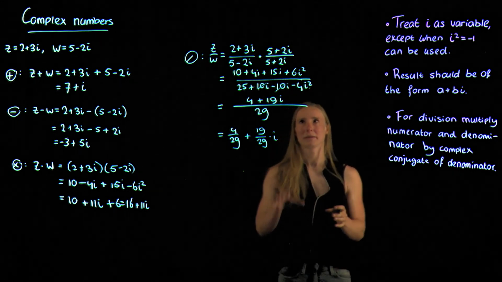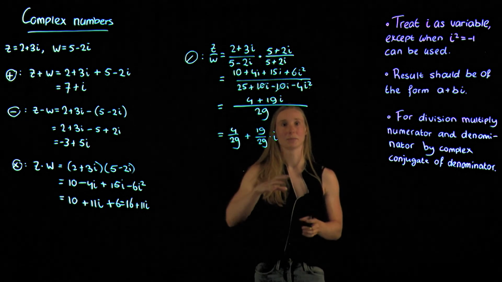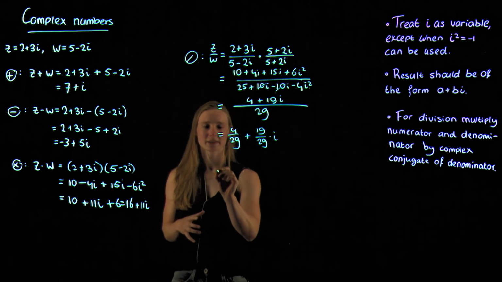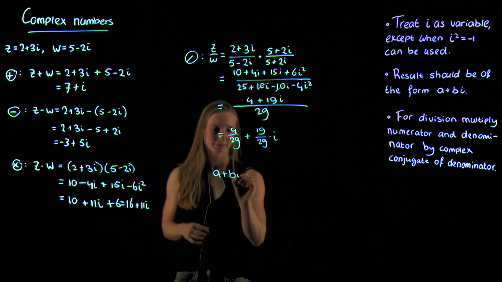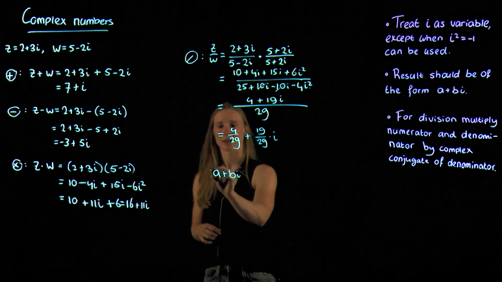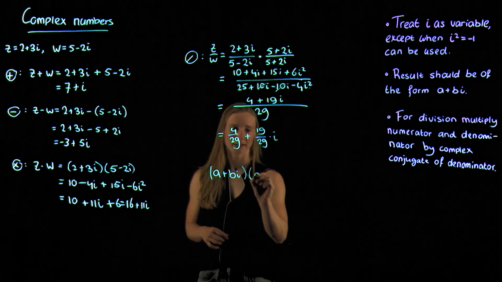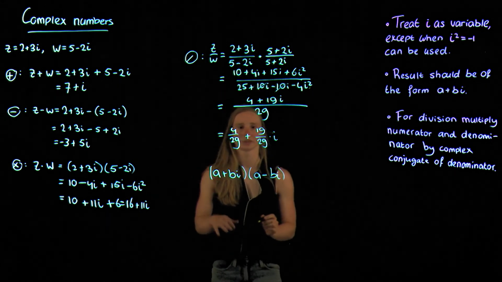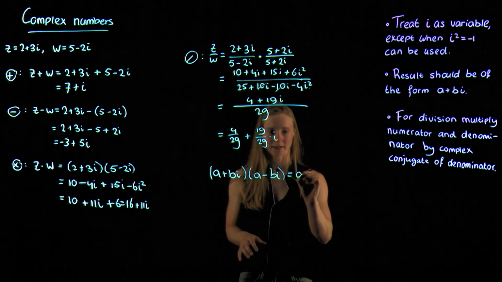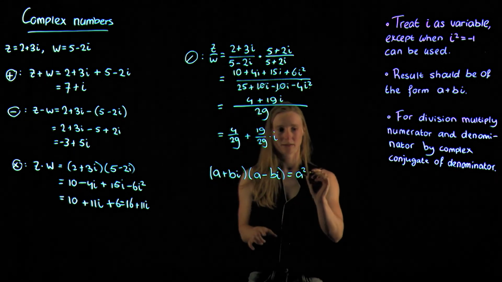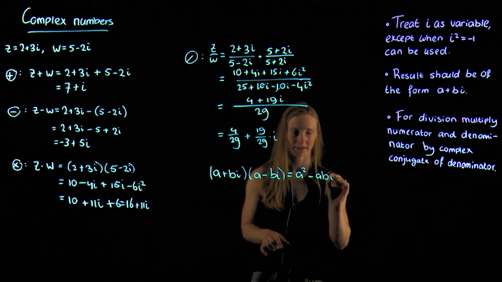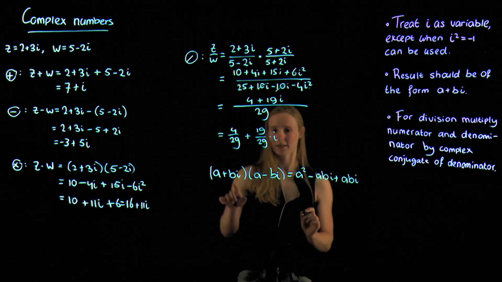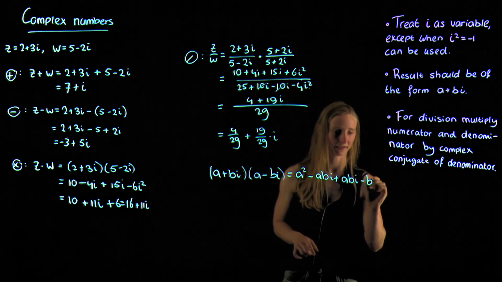So now maybe to notice why does this multiplying by the conjugate always work. So we have in the denominator something of the form a plus bi, and we multiply it by something of the form a minus bi. So what happens if we compute this, then we get a squared minus abi plus abi, and then minus b squared i squared.